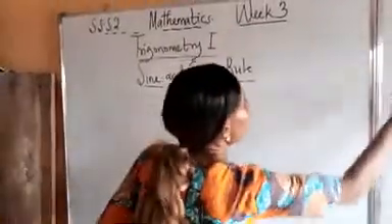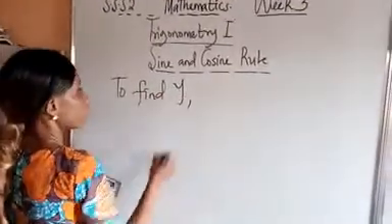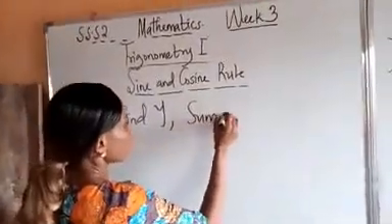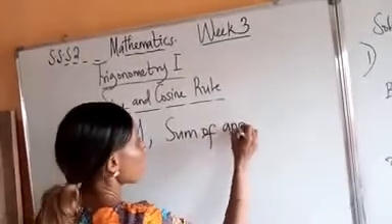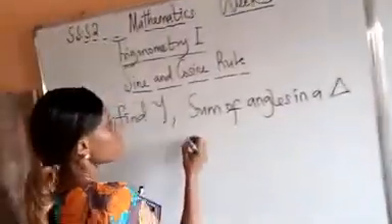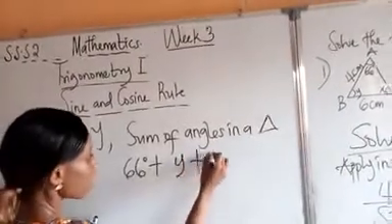To find y from the diagram, we apply the sum of angles in a triangle. So I have the first angle, 66 degrees, the second angle y, the third angle x.